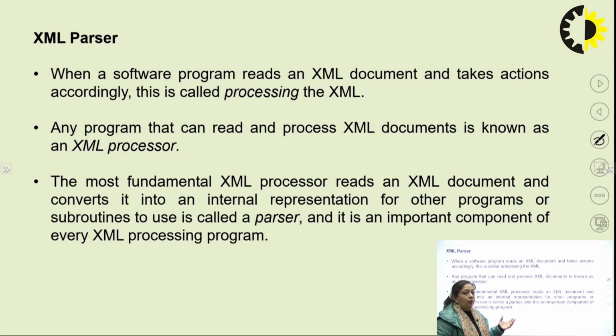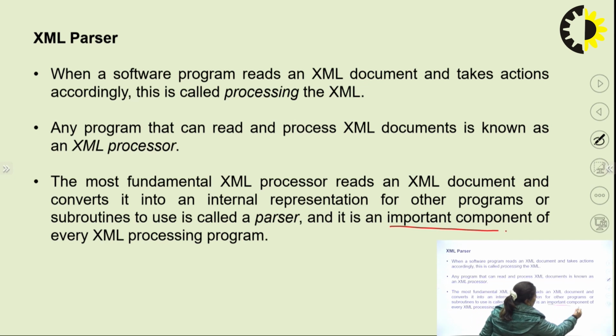So a parser is a fundamental XML processor which reads the XML document and converts it into some representation which can be used by other programs or subroutines. This is an important component of an XML processing program.